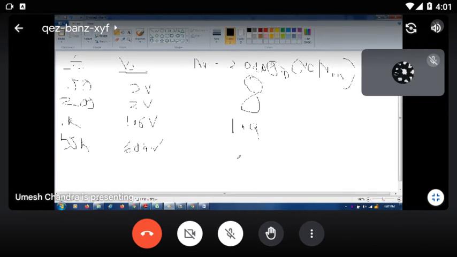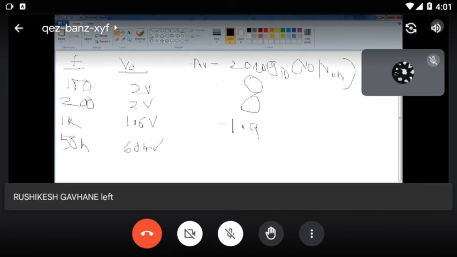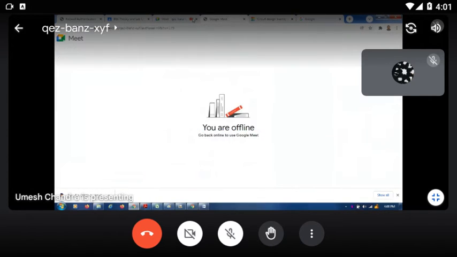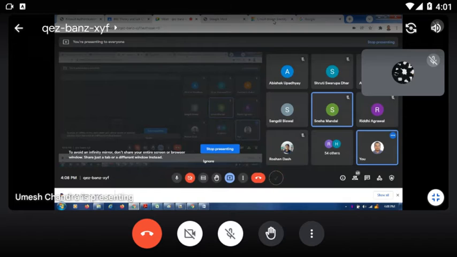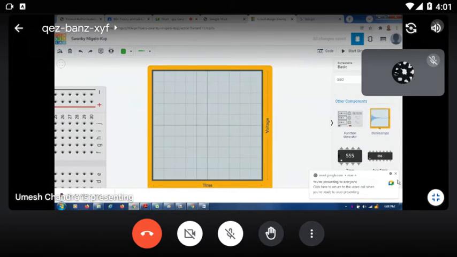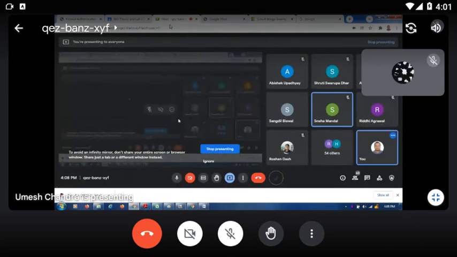And this value you just plot in a semi-log paper, not a graph paper. Okay, do you know about semi-log paper?